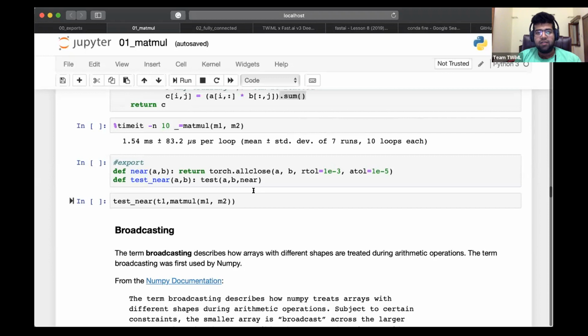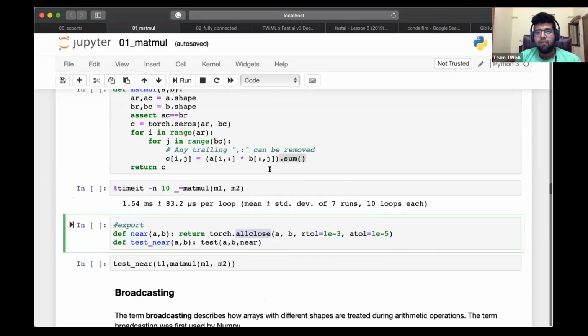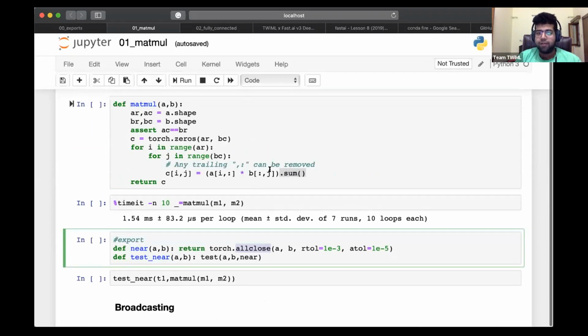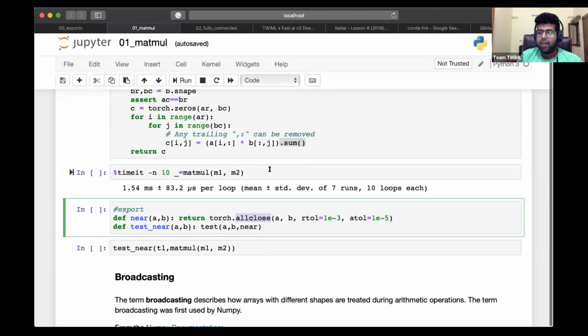And this unit test, so we call torch.allclose. The reason we do this is, since we're using float variables inside of it, floats can vary a bit and they'll actually never be exactly equal. So you need to define this function using allclose, which basically checks if it's within a certain range of tolerance. So it's nearly equal in that sense.